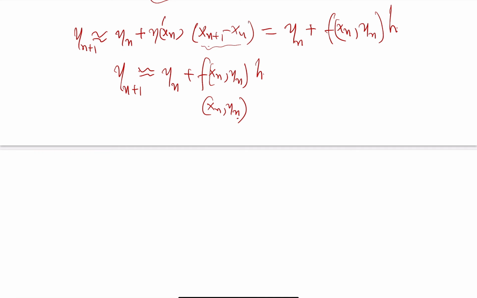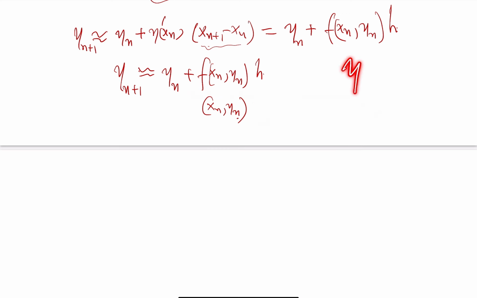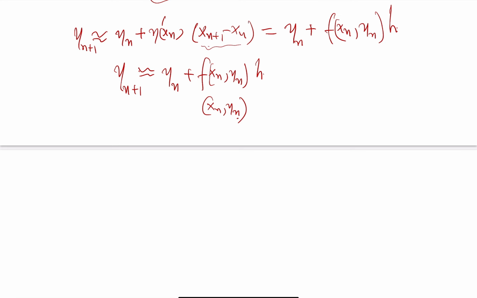I repeat, because of the approximation error, that point is not exactly lying on the curve of y is equal to y(xn), okay, that's the curve.